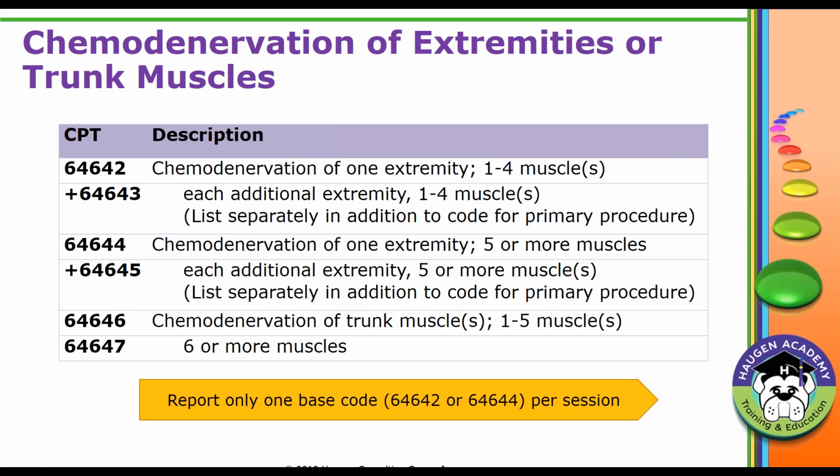And these are the codes that we're looking at. So again, this was a patient that presented with spasms in both the left and right upper arms. The provider did injections in the left upper arm.